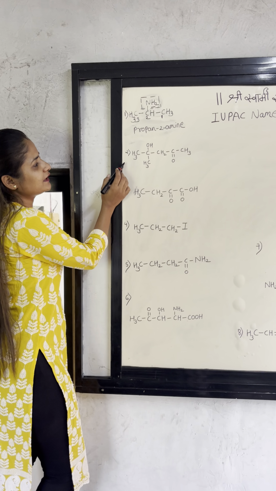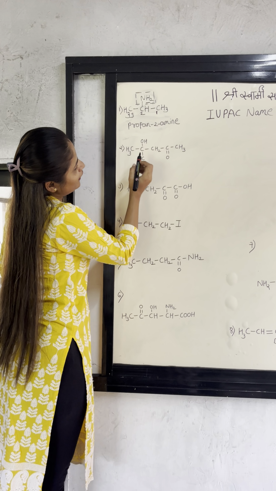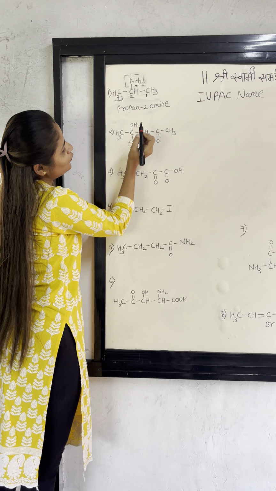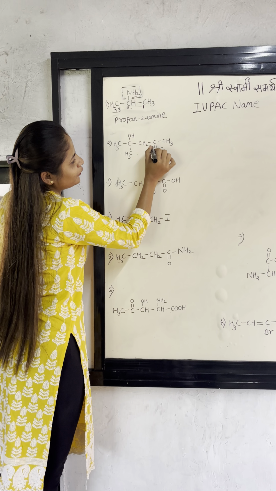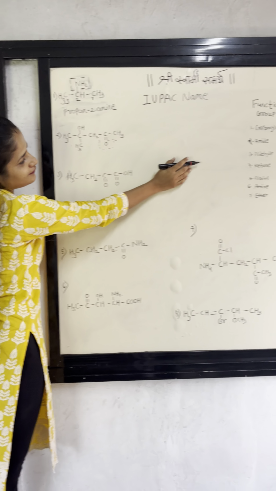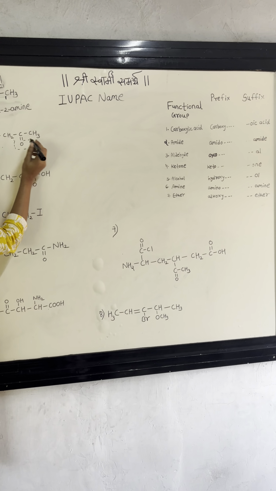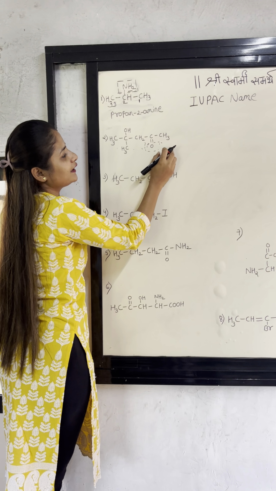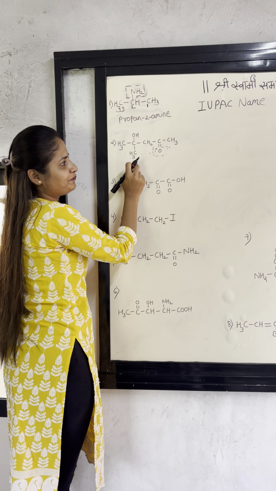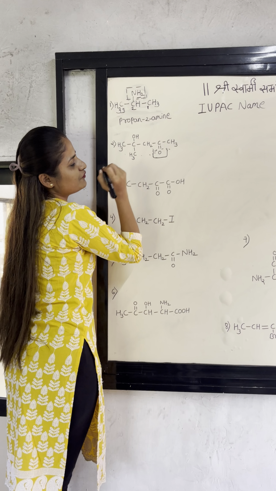Right, the next example: here you see the OH group, the methyl group and this is the ketonic group. In this table you see the ketonic group is the first priority. So we select the carbon chain on this side because this is our main functional group.